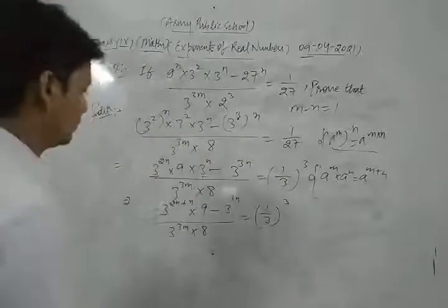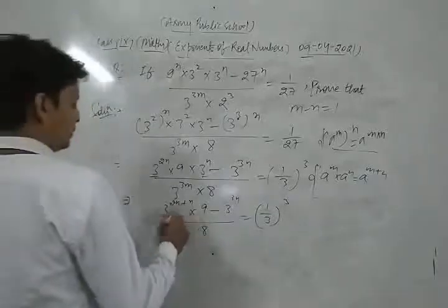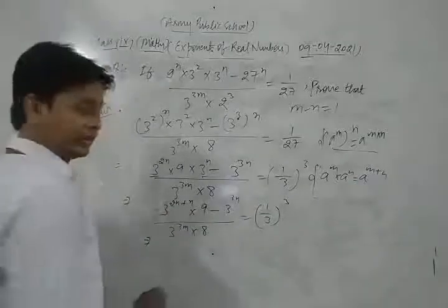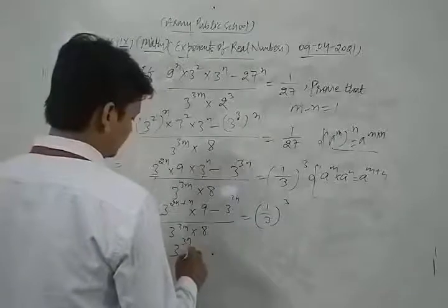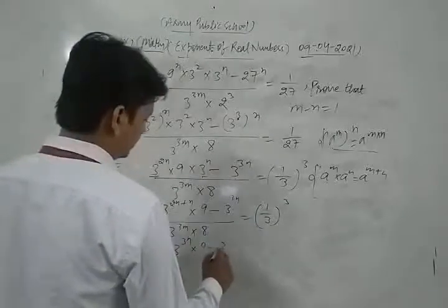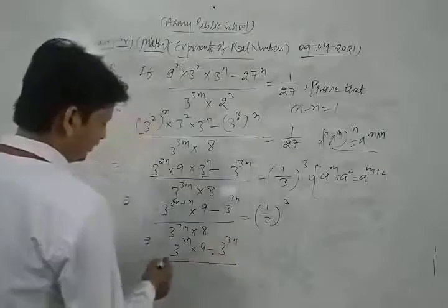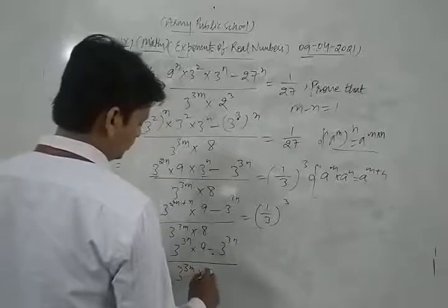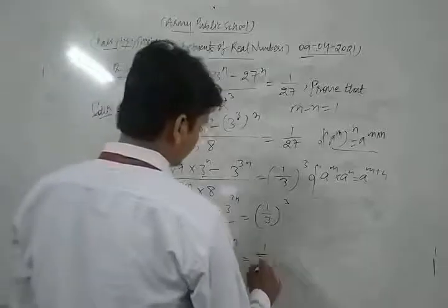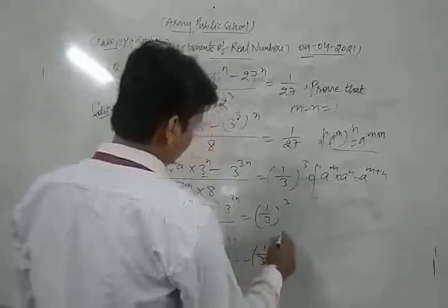Okay dear students, now let's see here 2n plus 1n, that we get as 3 power 3n into 9 minus 3 to the power 3n divided by 3 power 3m into 8 is equal to 1 upon 3 to whole power 3.